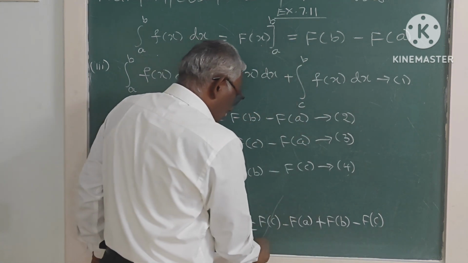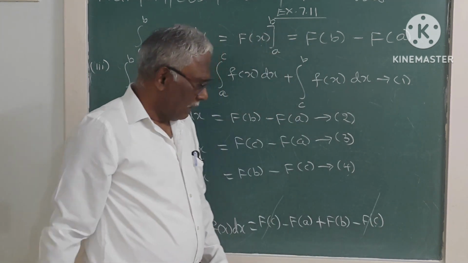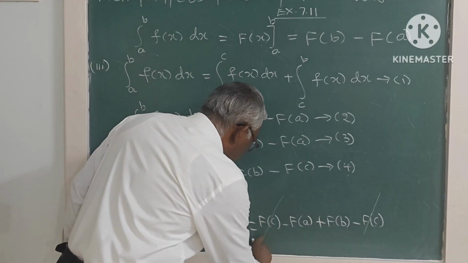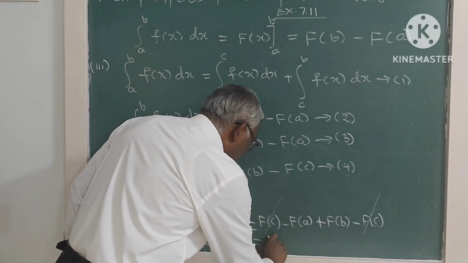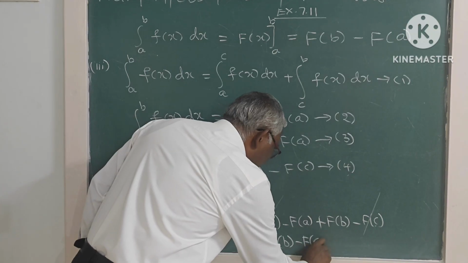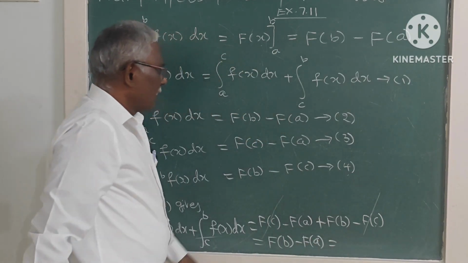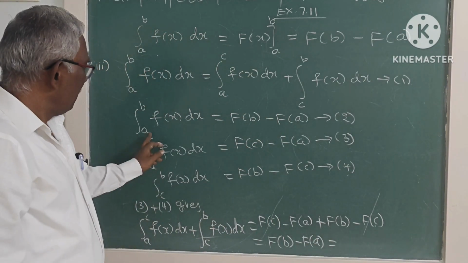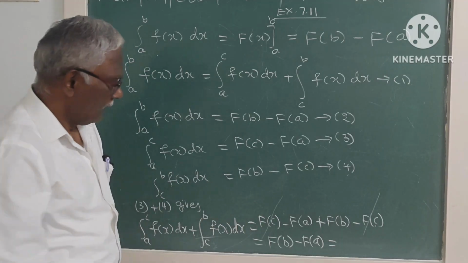So these two get cancelled. We are left with f of b minus f of a. F of b minus f of a is nothing but integral a to b f of x dx.